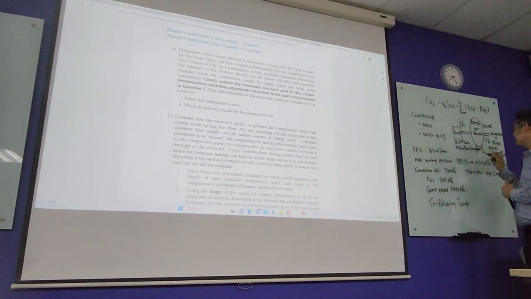Okay, now the question asked is this: which one will we use in order to find out the size of the receiver? Which one is more appropriate? The decay one, very good. With the decay one, we will find out the right size for our air receiver for long-term use, because we have to include these decay properties.